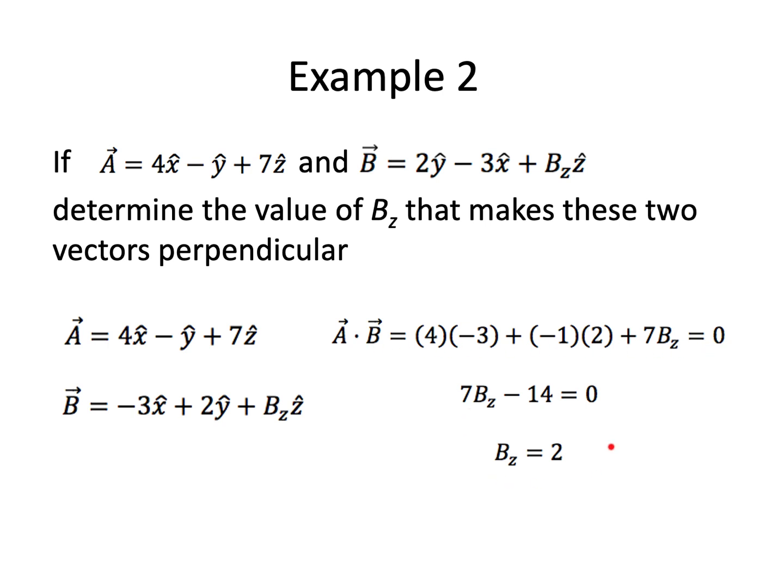And also, that means that's the value of bz that makes these two vectors perpendicular. So you can write in your notes, that's the value of bz that makes these vectors perpendicular, or makes the scalar product equal to 0, which effectively is saying the same thing.